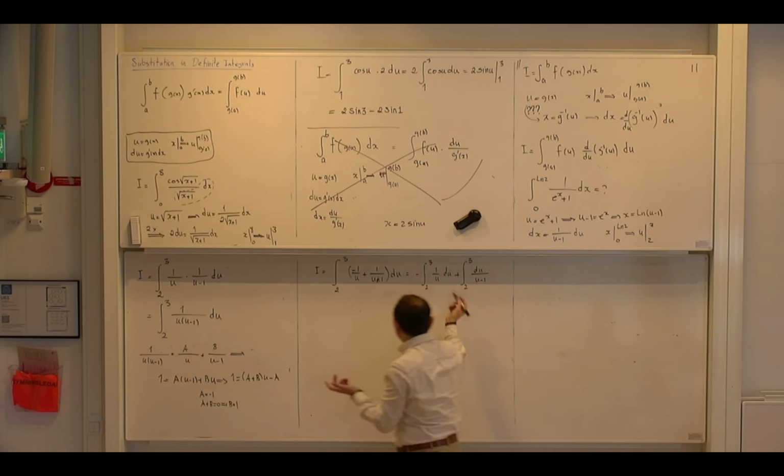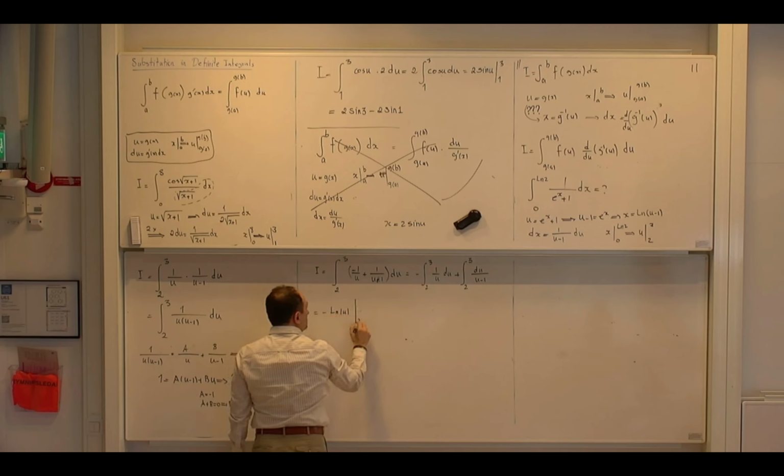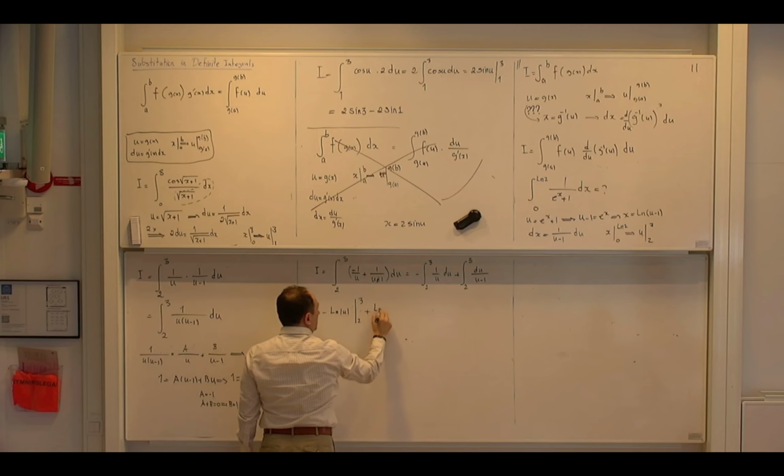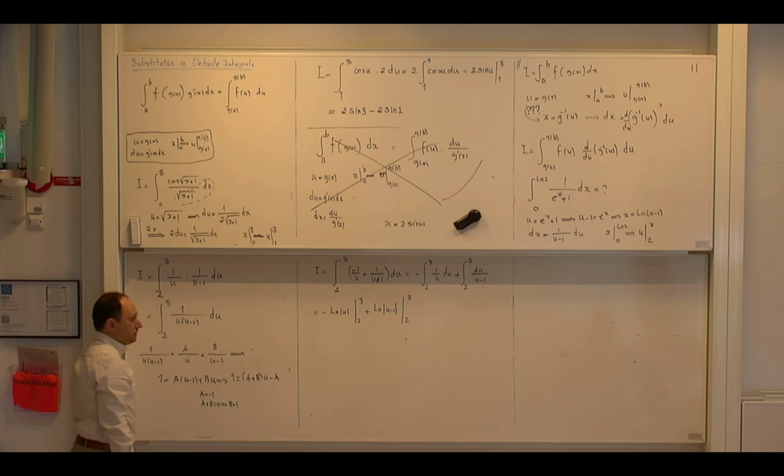But both of them we already know. The first one is minus ln of absolute value of u from 2 to 3, plus ln of absolute value of u minus 1 from 2 to 3. Yes, and then I put the numbers.